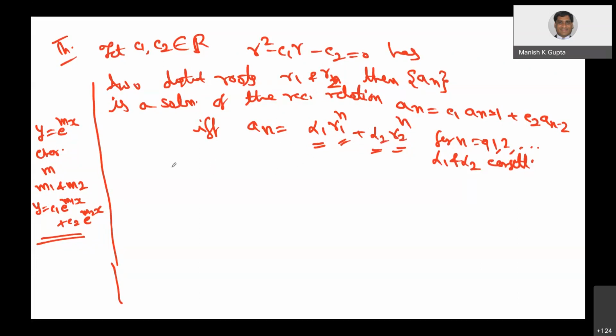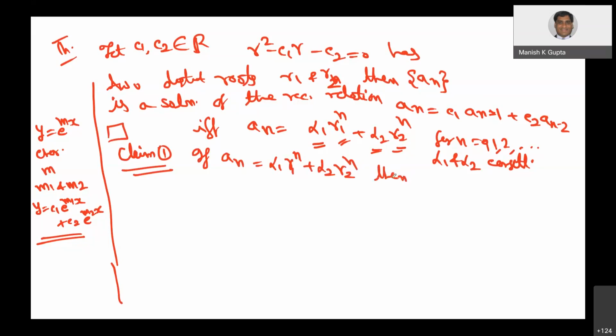Okay, so first we will prove our claim 1. So the proof starts. We assume that a_n is of the form alpha_1 r_1^n + alpha_2 r_2^n. Then a_n is a solution.